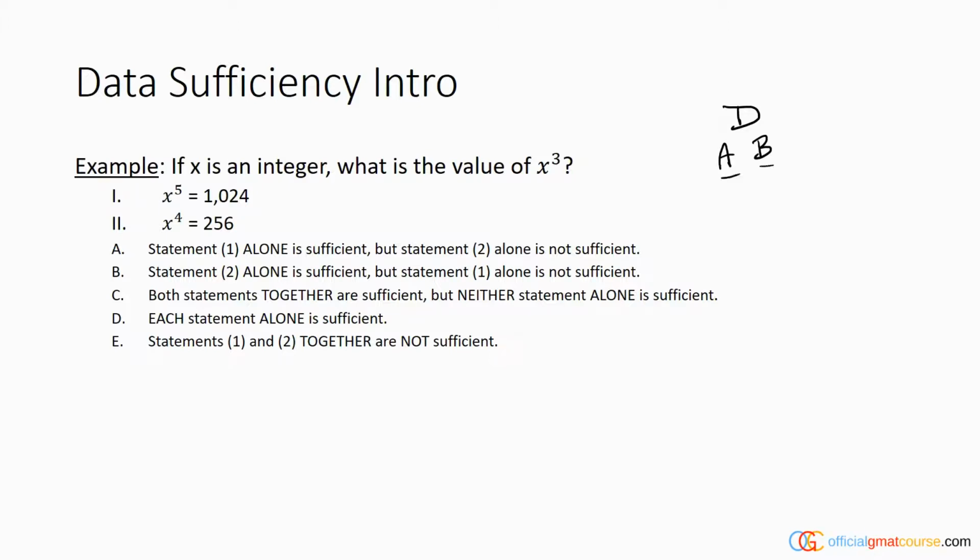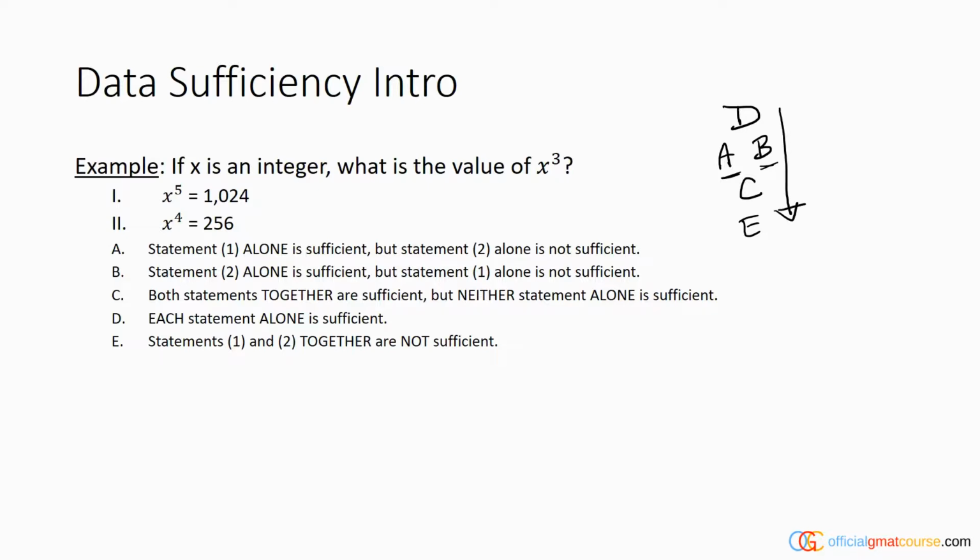Then it's A and B, the second hardest to get because it requires one of the pieces of information to be a strong enough hint on its own to answer the question. Answer choice C is what we would get if neither A nor B were good options, but when we combine the statements, we were able to answer the question. And finally, if we can't answer the question after all that, it's answer choice E. So this is the hierarchy of answer choices.